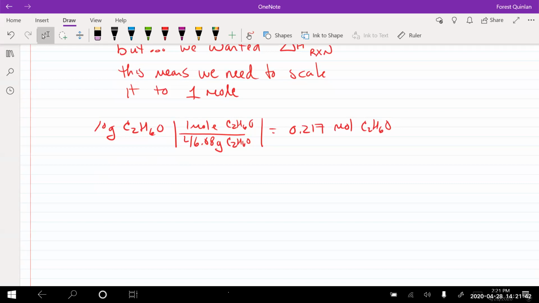So now we take, where'd my glasses go? I don't even know. So now we take this 9 kilojoules, we divide it by the 0.217 moles, and this gives us 41.47 kilojoules per mole.